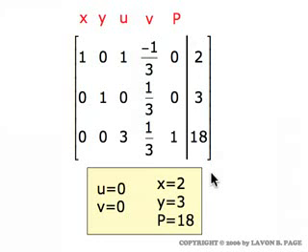Go through the steps of writing down the interpretation of your solution. Make sure you understand the thought processes whereby you go from this final simplex tableau to the solution x equals 2, y equals 3, and p equals 18, with both of the slack variables being equal to 0.